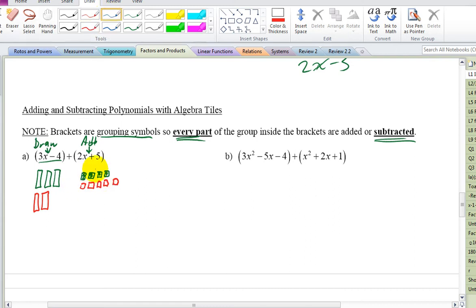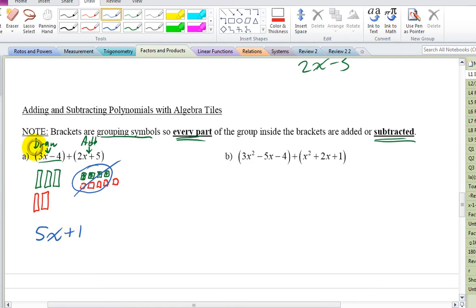Okay. So here I have a whole group of 0 pairs. I can take them away. And what's left over now with the symbols? So going to the algebra, how many x's in total do I have? 5x. And what about the 1 tiles? Plus 1. Okay, so 5x plus 1.